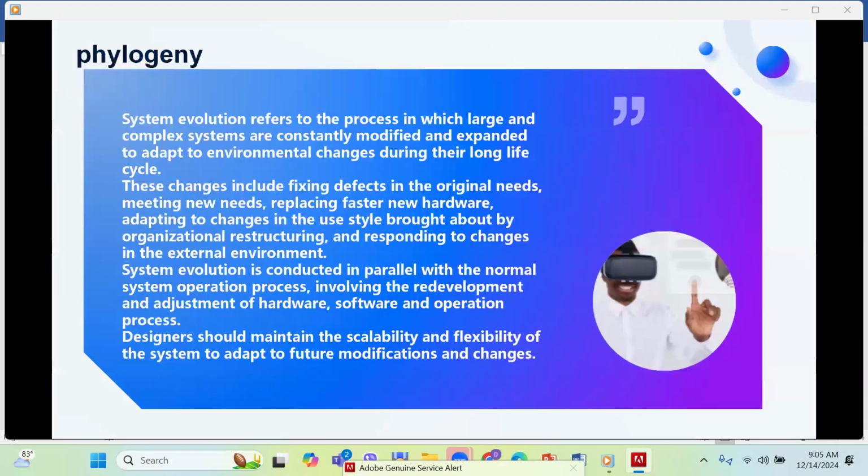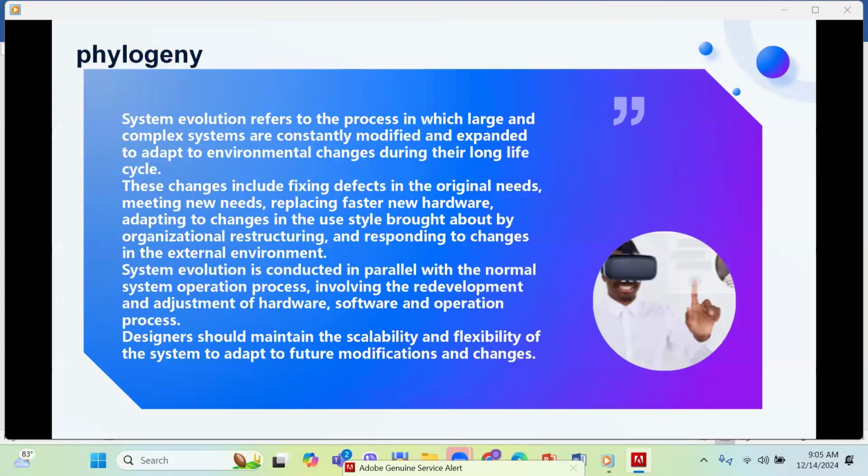Next is system evolution. System evolution refers to the process in which large and complex systems are constantly modified and expanded to adapt to environmental changes during their long life cycle. These changes include fixing defects in the original requirements, meeting new requirements, replacing hardware with faster and newer hardware, adapting to changes in the use style brought about by organizational restructuring, and responding to changes in the external environment.